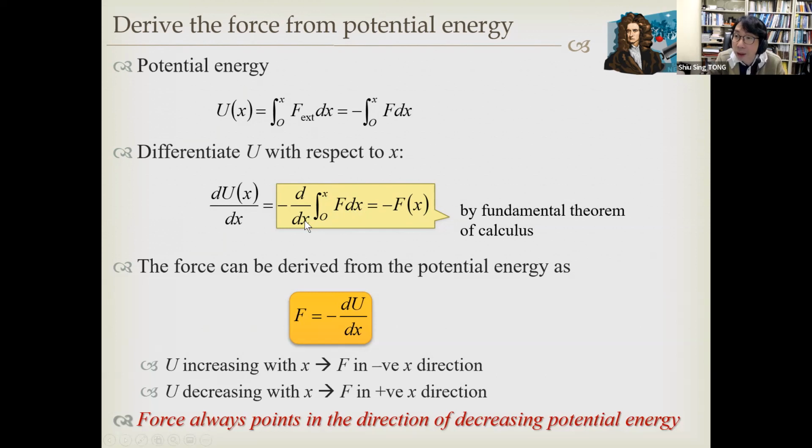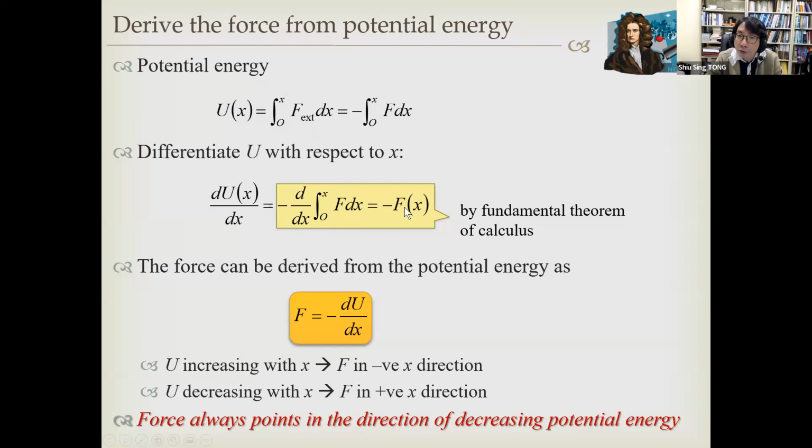So when we take the derivative of the integral, what we are saying is that we're differentiating the function with respect to its variable, which is the upper limit. And so the fundamental theorem of calculus tells us that when we do so, it will return the function itself. The differentiation will cancel the integration.